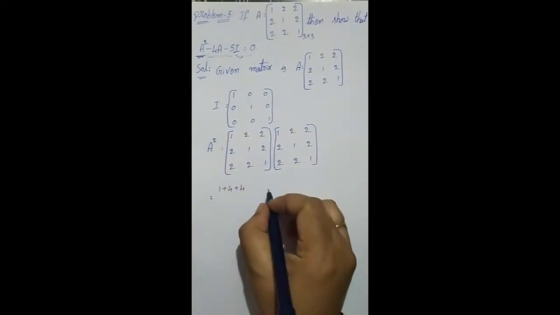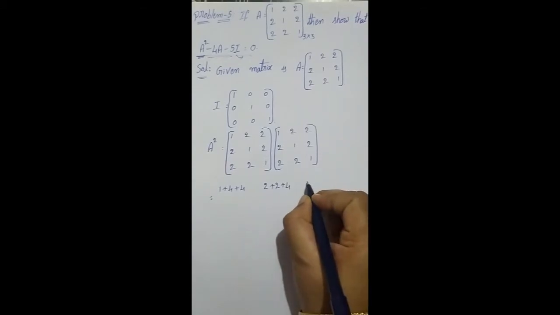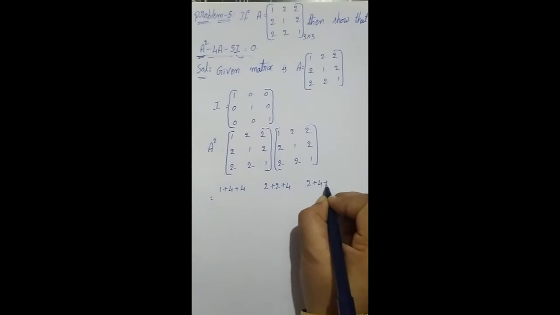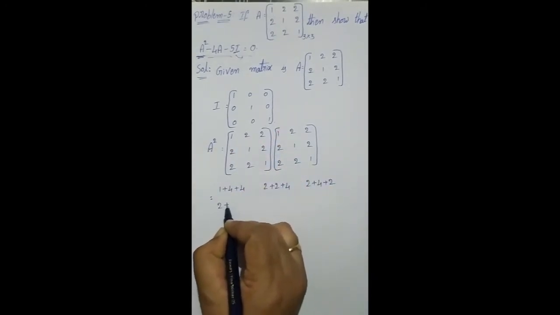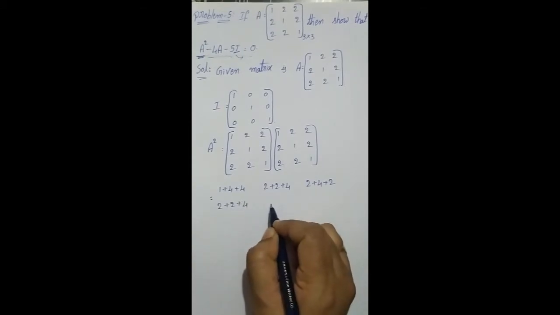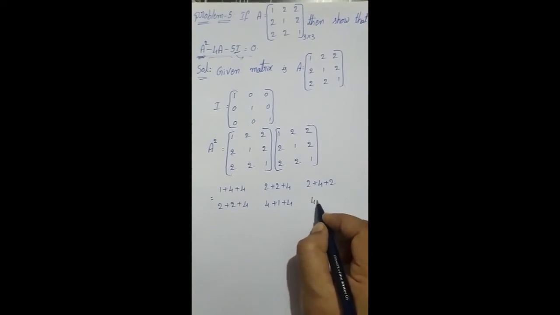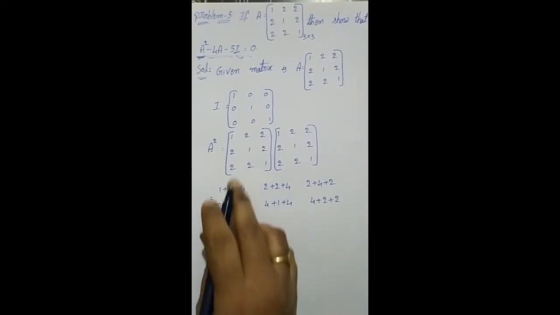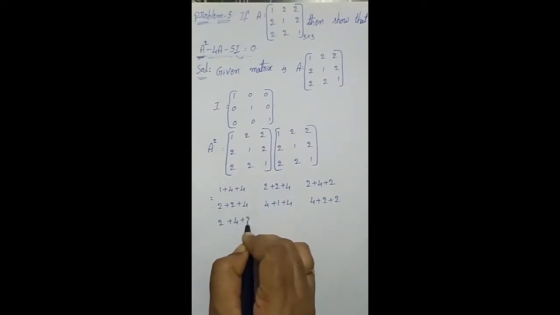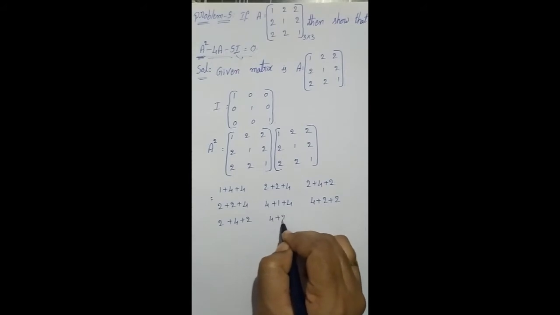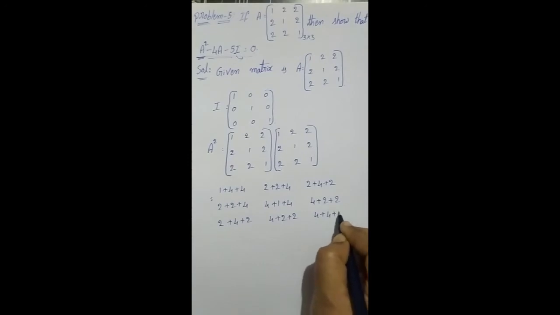In the same way, 2 plus 2 plus 4, 2 plus 4 plus 2, 2 plus 2 plus 4, 4 plus 1 plus 4, 4 plus 2 plus 2, 2 plus 4 plus 2, 4 plus 2 plus 2, 4 plus 4 plus 1.